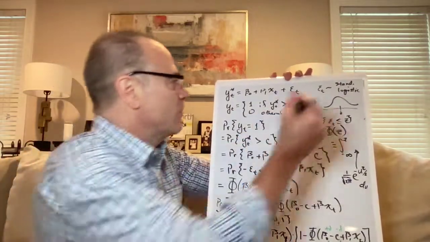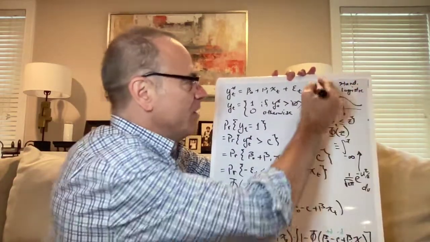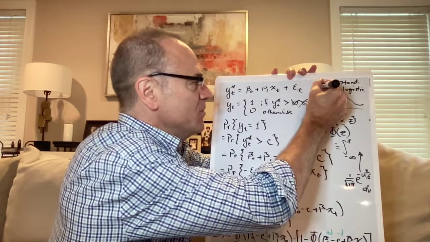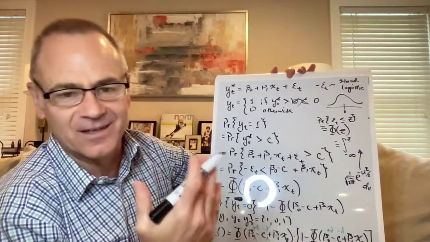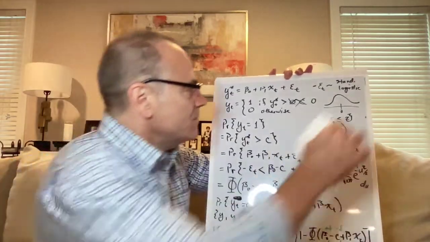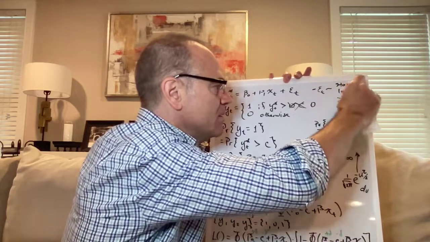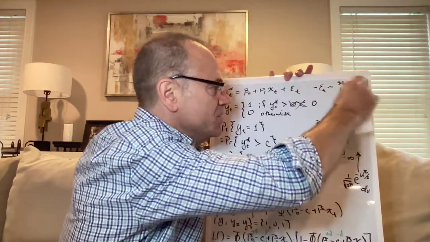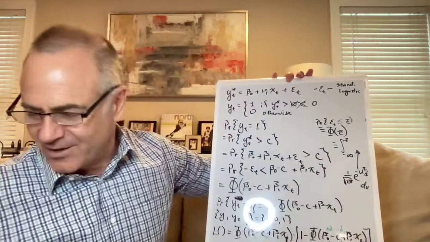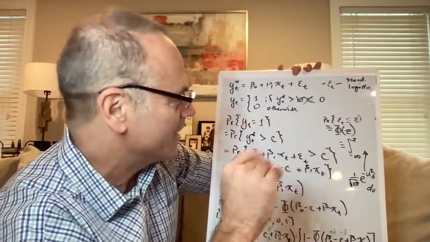You know what? Instead, what I'm going to have to do, I can't do that trick to say we can flip it. So what I'm going to do is I'm going to assume that negative epsilon t is distributed standard logistic. Okay. So the distribution, you graph it out, it almost looks symmetric, but it won't quite be.